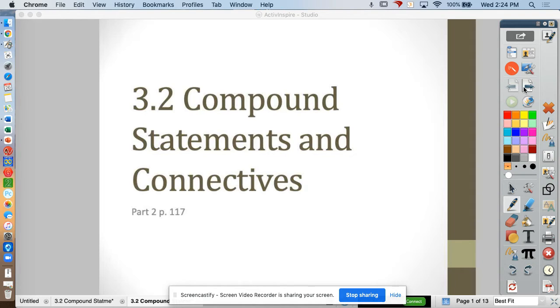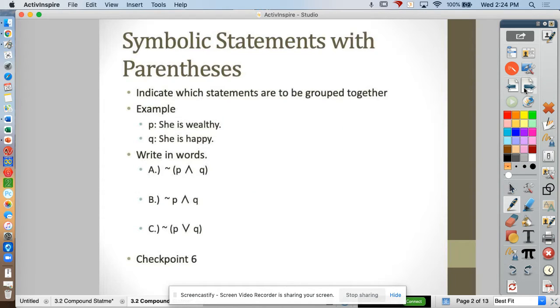So we're going to talk a little bit today about putting more than just two simple statements together, and also how you separate that in English with a comma, and then symbolically in math, we're going to use parentheses. This is just a short continuation on your notes. I think we're down at number 11.